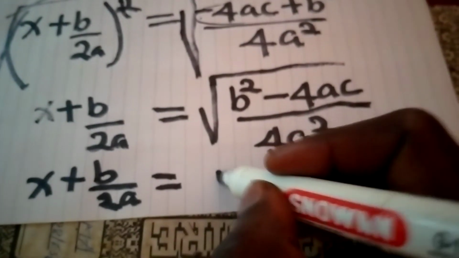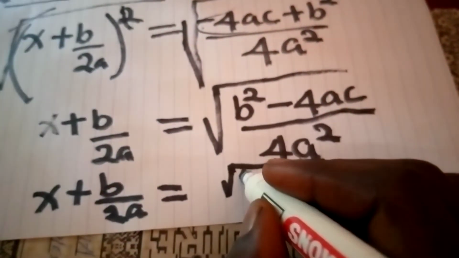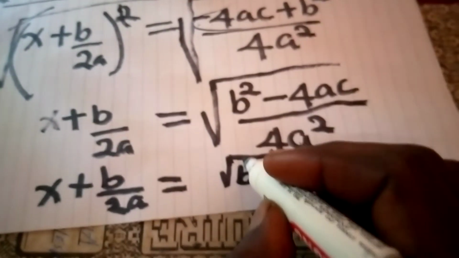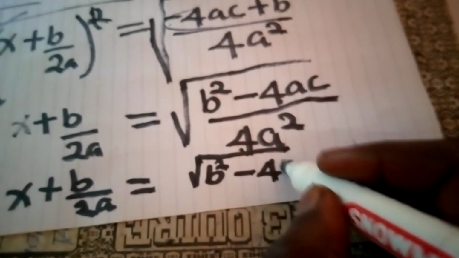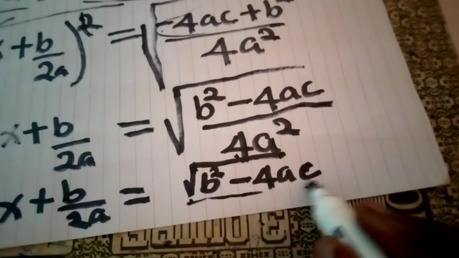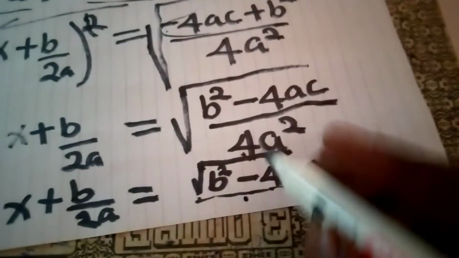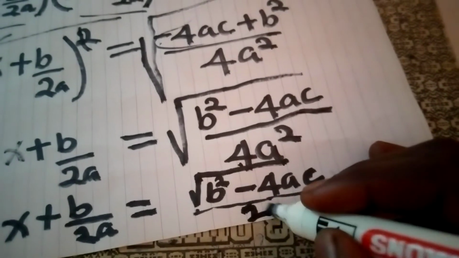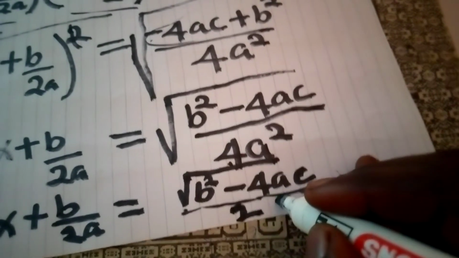So which means our equation, the square root will only remain up. So when it has to remain up, we shall have our final equation being b squared minus 4ac. Then the whole thing is supposed to be divided by the square root of 4 is 2. This one is 2. Then for a square is a. So that is our equation, but this is not yet our final equation.